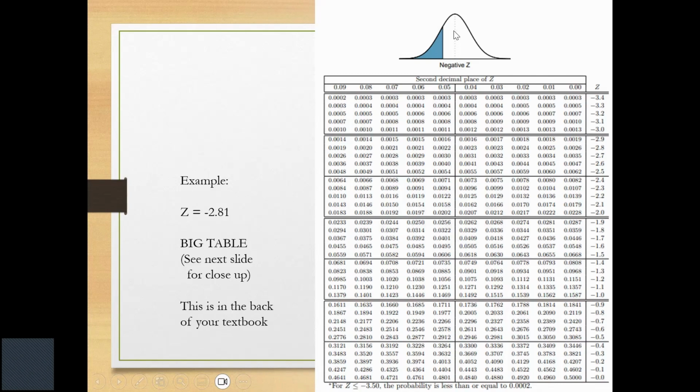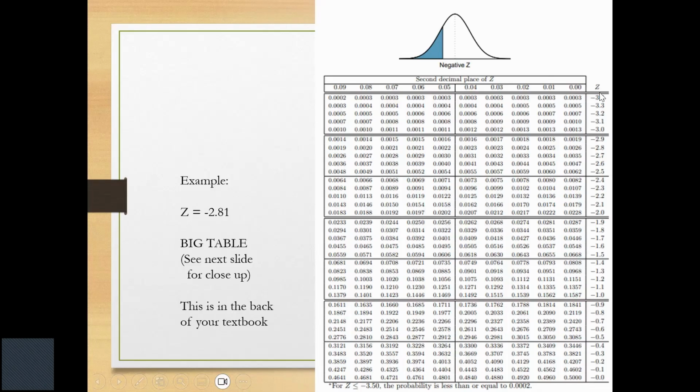And the negative z's only go to the midpoint. So you can see down here is 0.0, and the area associated with that is 0.5. So the area in the left-hand half of the curve is 0.5 because it's half.